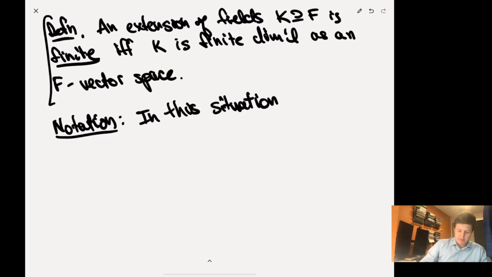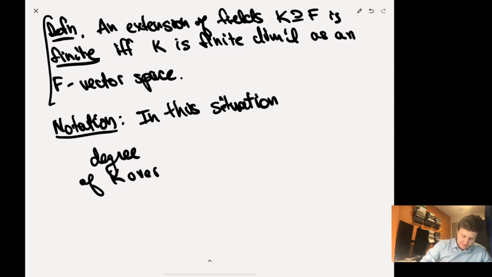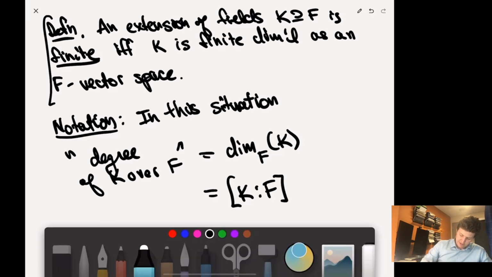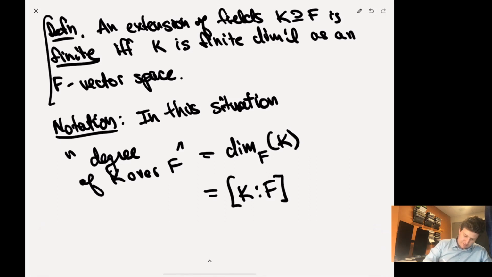I don't know why, but the degree of K over F is defined to be the dimension of K as an F vector space, and then we use this notation here. This is some new notation that we're going to use for dimensions.